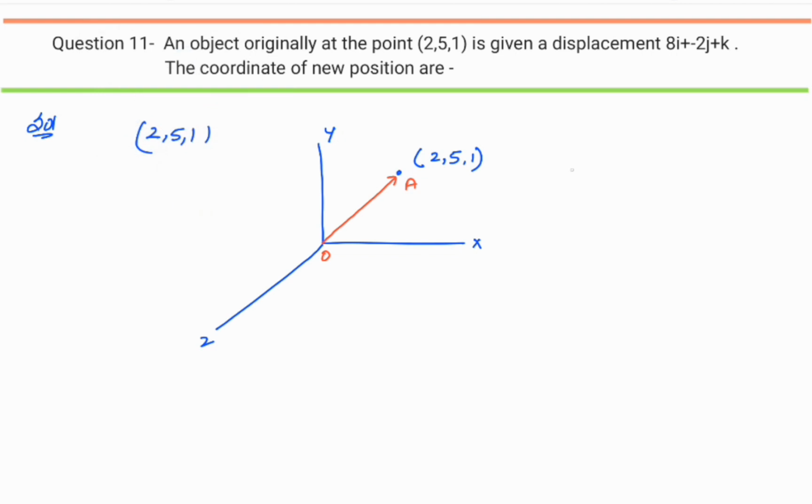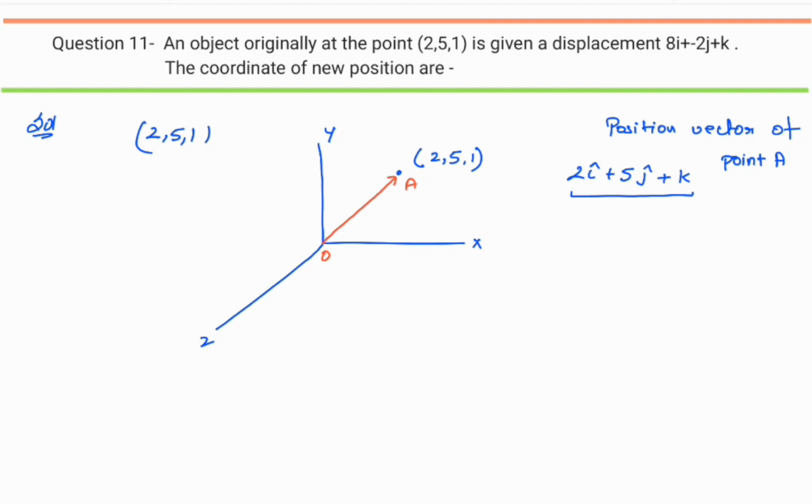We know the position vector of point A will be given as 2i cap plus 5j cap plus k cap. This is going to be the position vector of point A. But the question is not this.